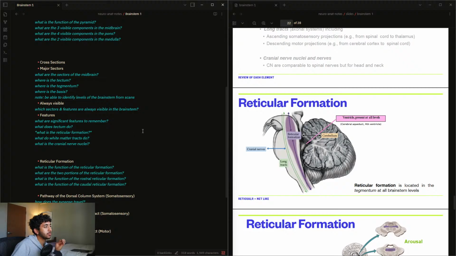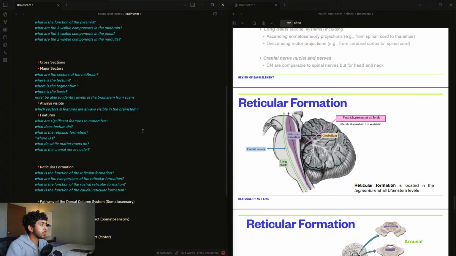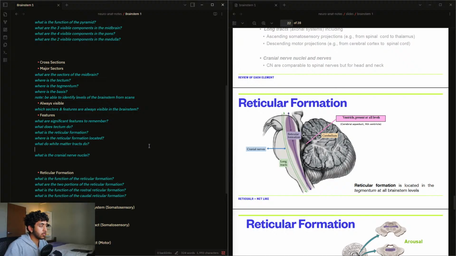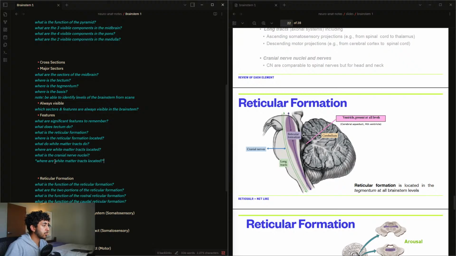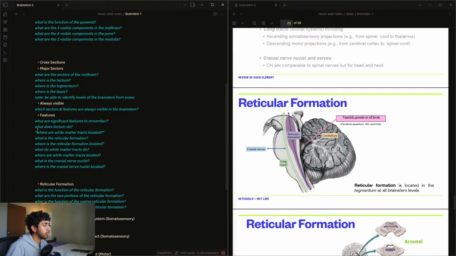I should ask, where's the reticular formation? Oh my gosh. Okay, that's nice.